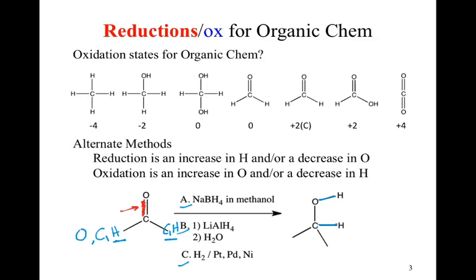The last reagent on this list is hydrogen in the presence of platinum, palladium, or potentially even nickel. It will allow for the reduction of the carbonyl, except it's not selective for just carbonyls. It will reduce all double bonds, all pi bonds. So our hydrogen system goes for pi bonds, not carbonyls.